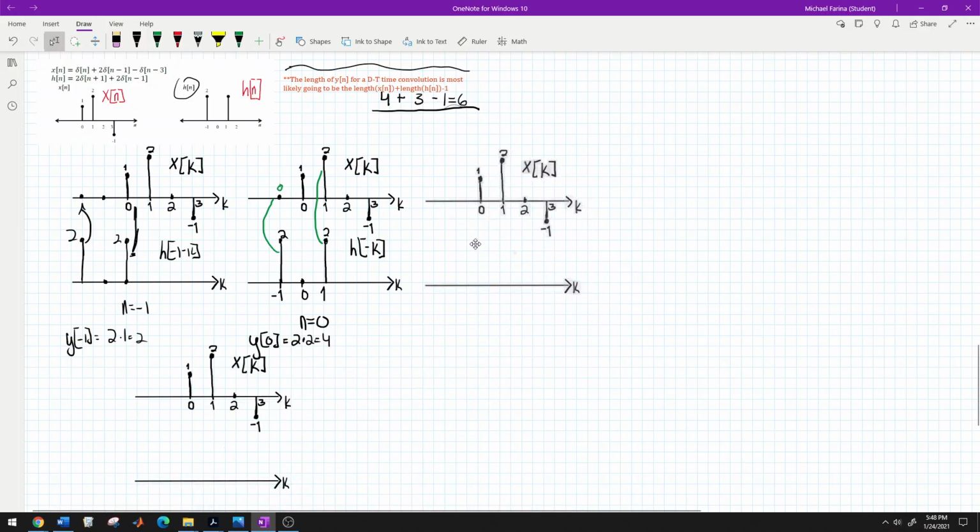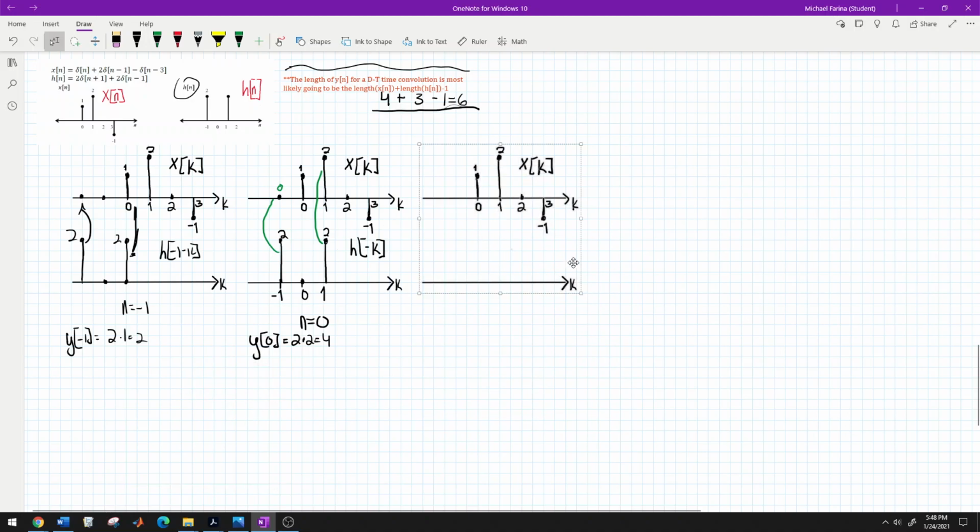And now we'll shift right by n equals 1. So we're going to go back to this original flipped signal right here, and we're just going to shift it that way by 1. So we'll have an impulse here of magnitude 2. This will be a 0, and we'll have an impulse here of magnitude 2.